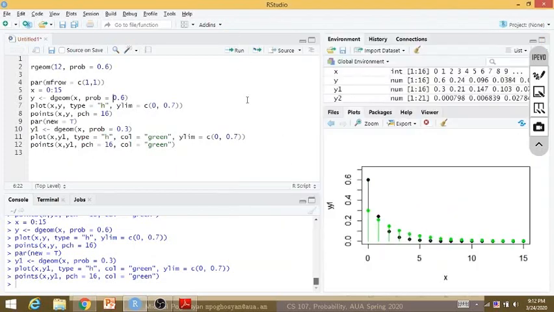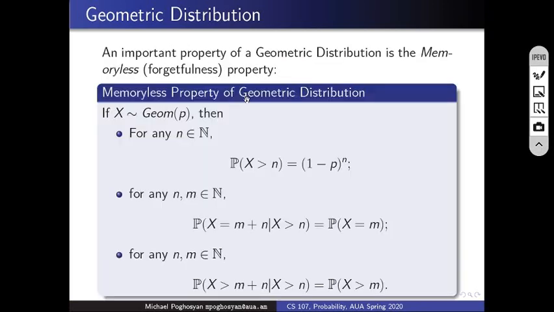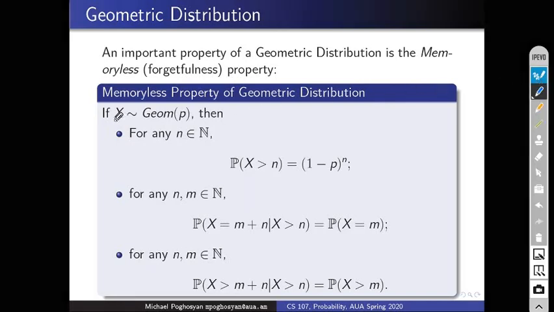Okay, so we are moving back to our slides. And an important property for geometric distribution is its memoryless or forgetfulness property. So let me state that property. Assume that X is a geometric P random variable.